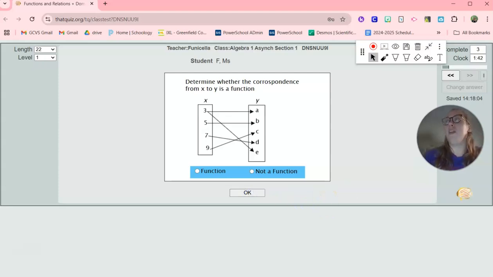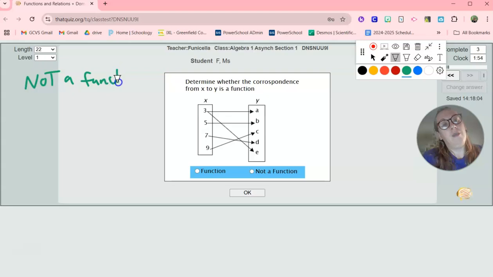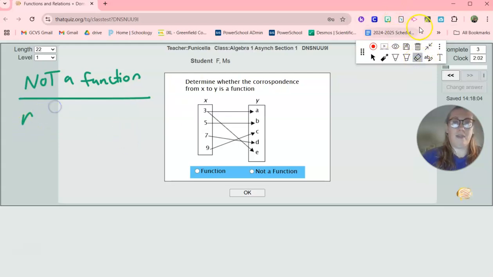This says determine whether this is a function or not. If it's not a function, then what we're going to see is repeated x values.